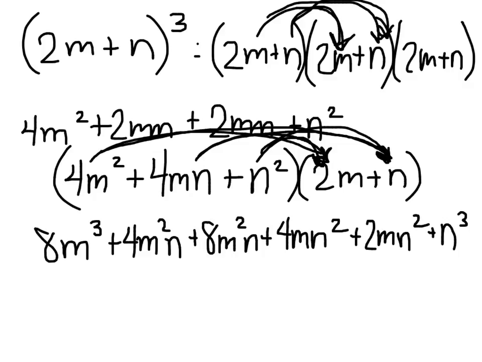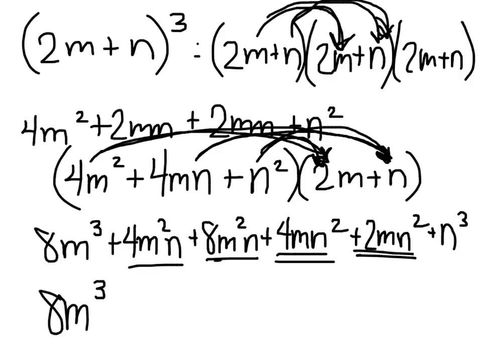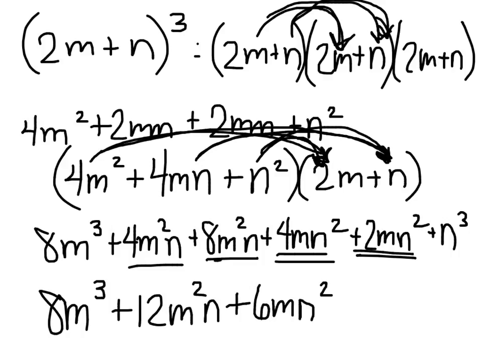So just to show you, it doesn't matter which way you do it. But these two are the same, and those two are the same. So 8m cubed didn't have anything. What's 4 plus 8? What's 4 plus 2? And then the n cubed didn't have any friends.